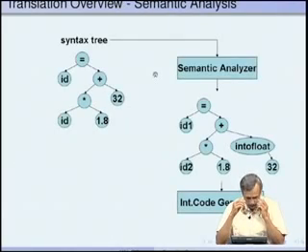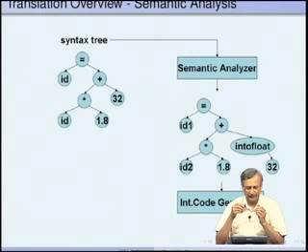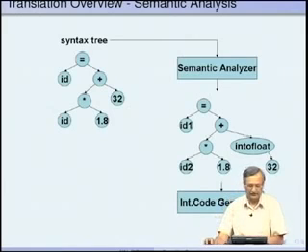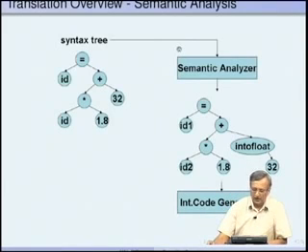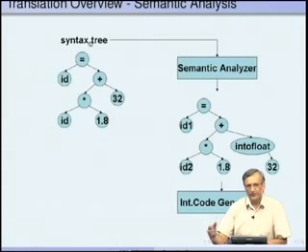After the translation from the syntax analysis part of the translation, we move on to what is known as the semantic analysis. In the case of semantic analysis, the input to the semantic analyzer is the syntax tree, which has information from the program.